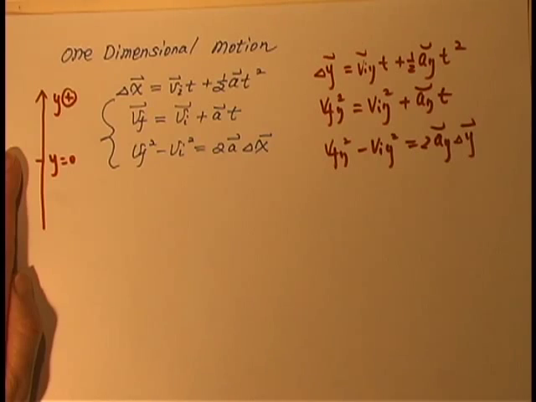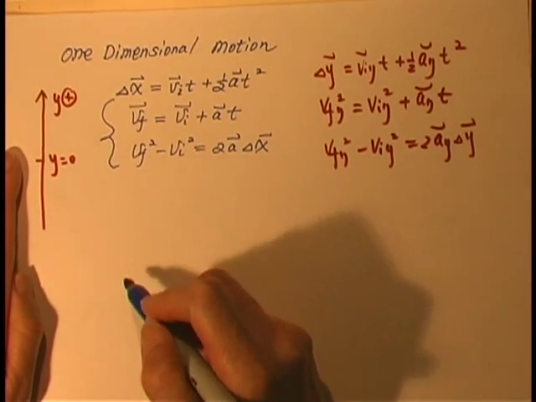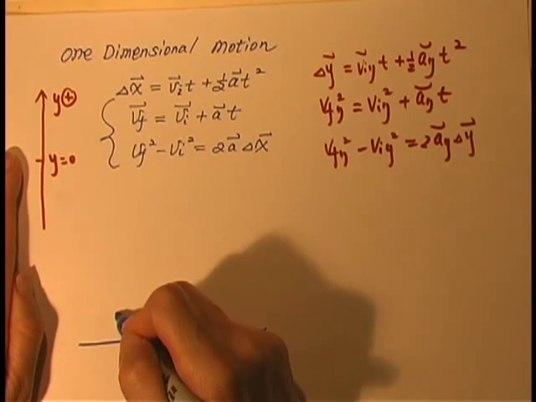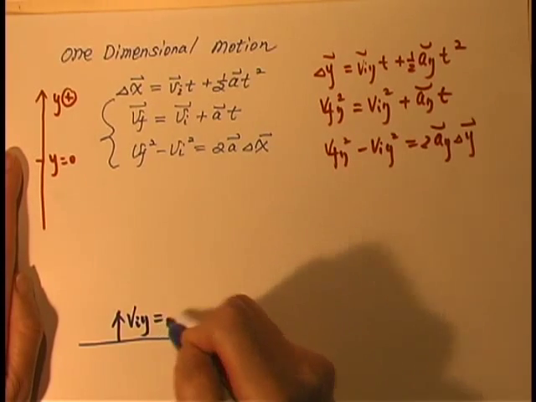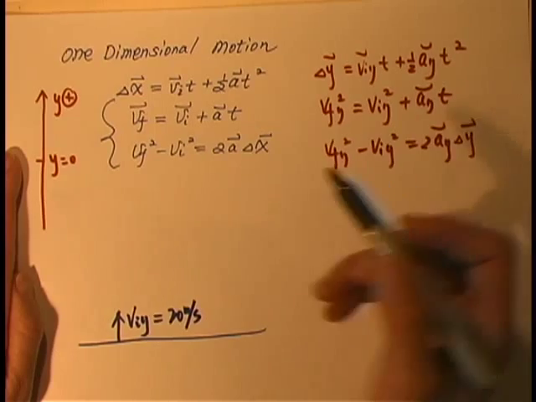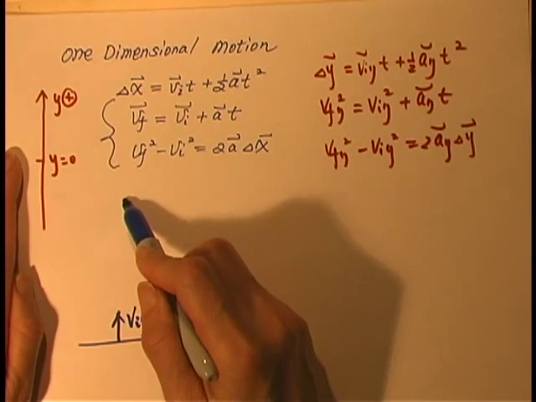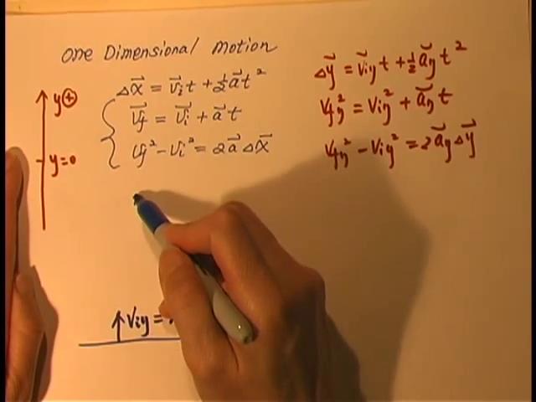Now let's solve a very simple problem. Say we toss something up from the ground with v initial y equal to, let's say, 20 meters per second. Question number 1 is how high it will go. Let's say this is the peak. This is the height.